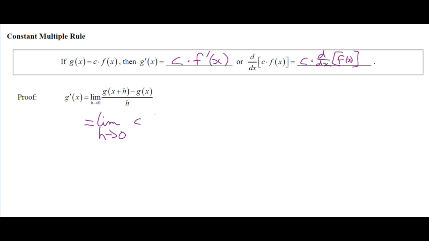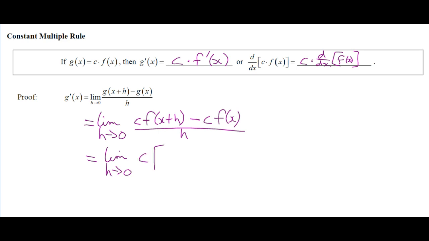So it's c times f of x plus h minus c times f of x over h, right? Which is the limit as h approaches 0. So we can pull the c out, right, as a common factor. So c times f of x plus h minus f of x over h.